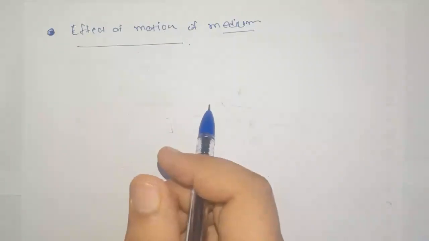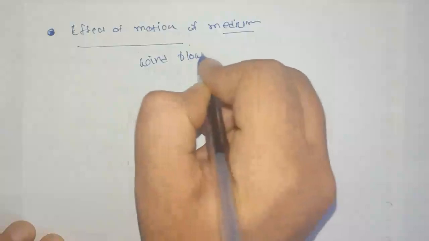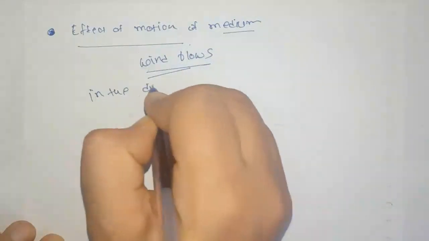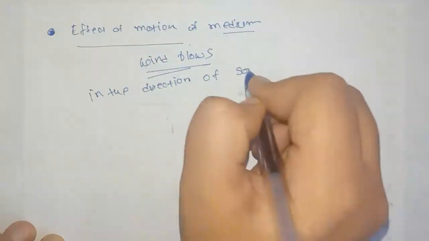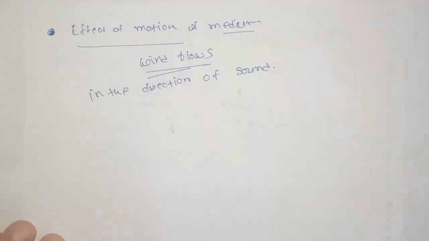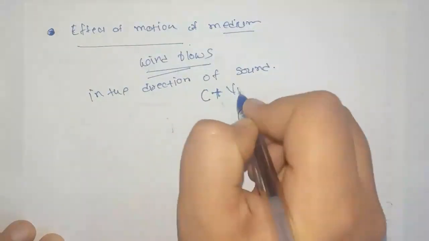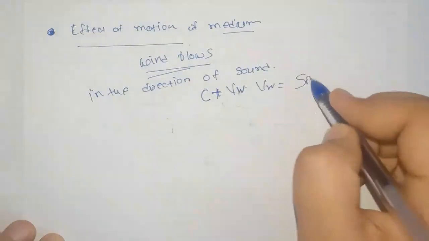So when the wind blows in the direction of sound, then in each case we have to write C plus VW, where VW is speed of wind.